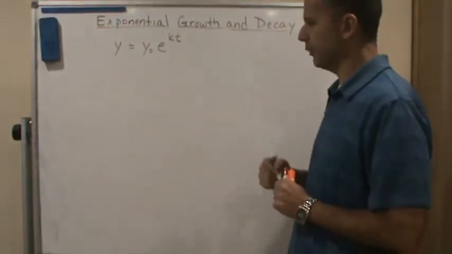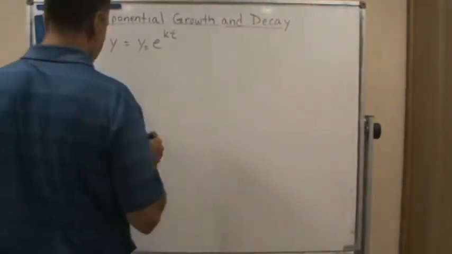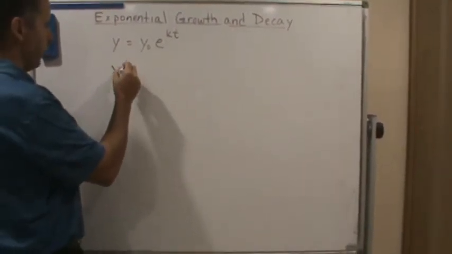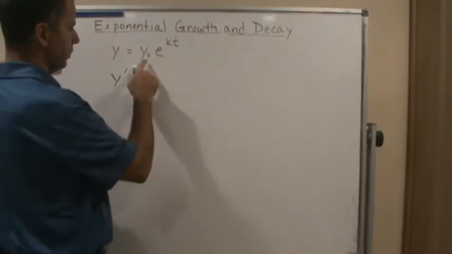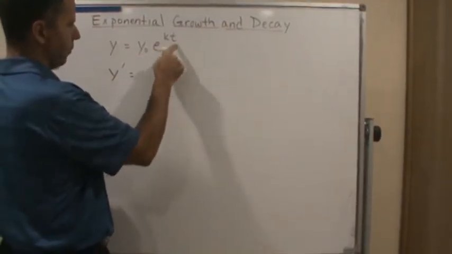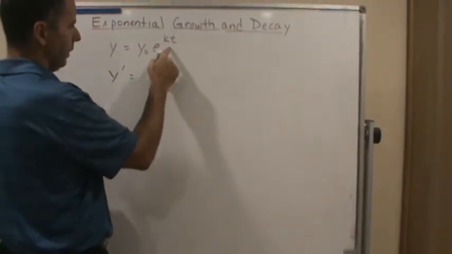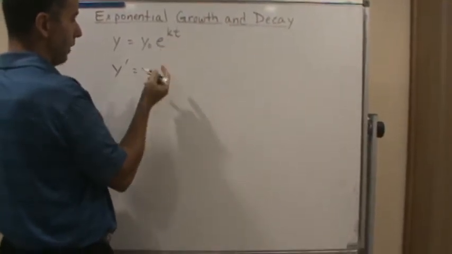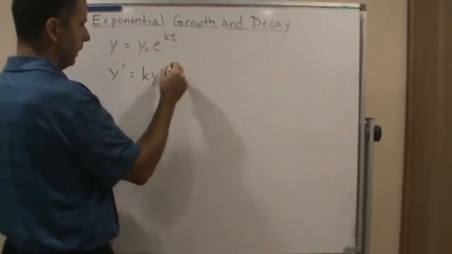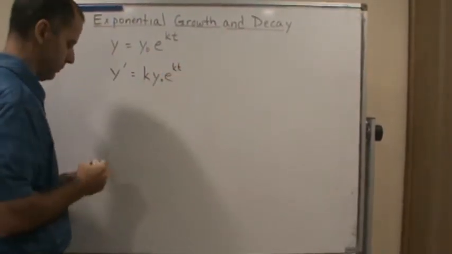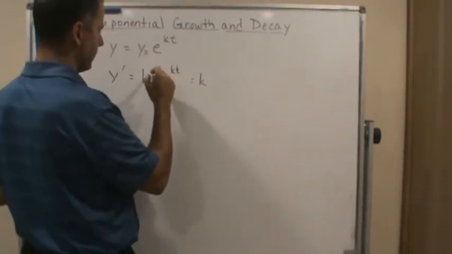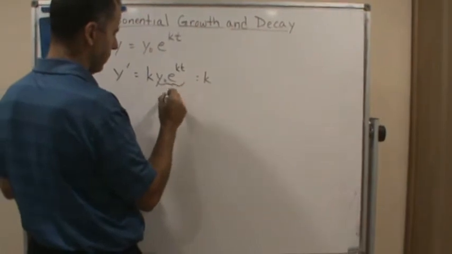Now, if we take the derivative of this, we get y prime is equal to, well, this is just a constant, and this is a constant, so what do we get? Well, by the chain rule, we get k times y naught e to the kt, which is equal to k, because this whole thing is y.